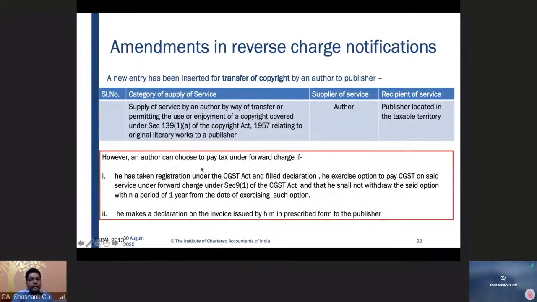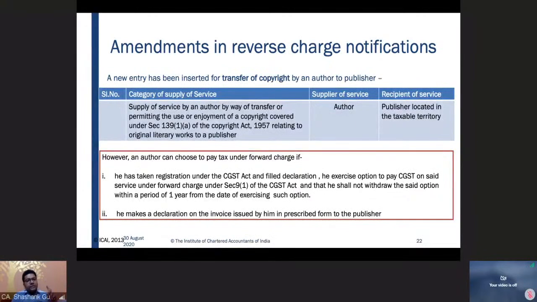Secondly, if the author chooses to pay, he has to take registration under GST along with filing a declaration that he is exercising the option to pay CGST on said service under forward charge, and will continue with this option for at least a period of 1 year from such date. And he also needs to make a declaration on the invoice which he will issue in prescribed form to the publisher.